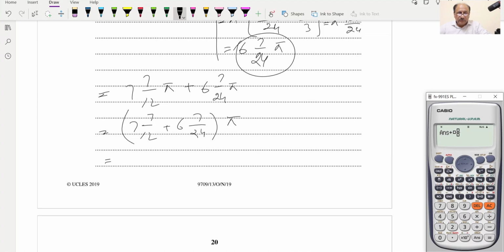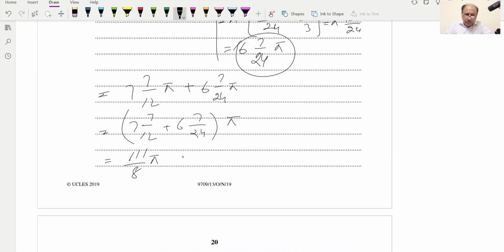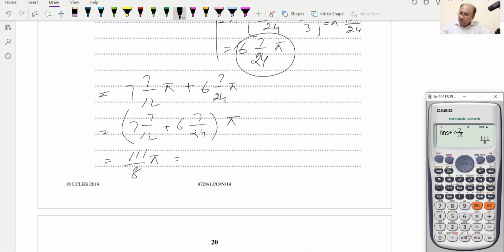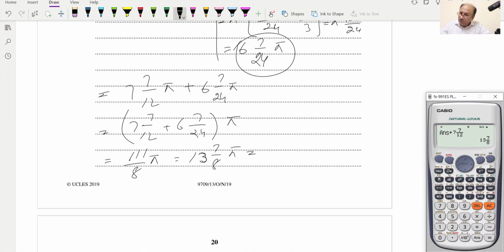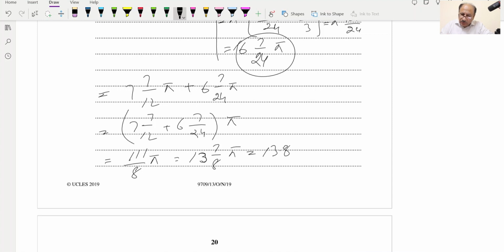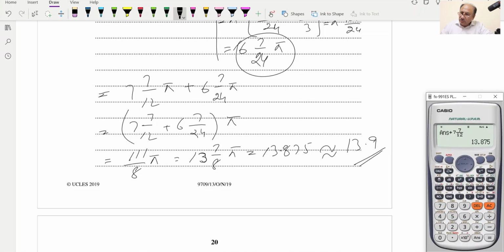Finally we found 7 whole 7 over 12, and this is equal to 111 by 8 pi, which we can write as a mixed fraction, 13 whole 7 by 8 pi. If you want the decimal value, it is 13.875, which is approximately 13.9. This will be our final answer for this question.